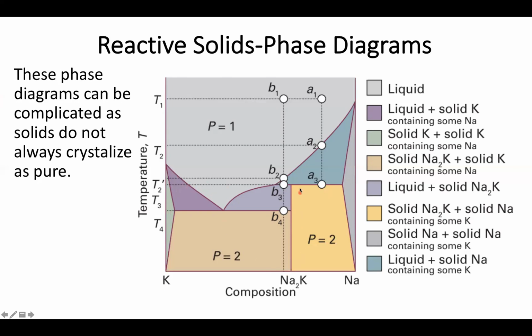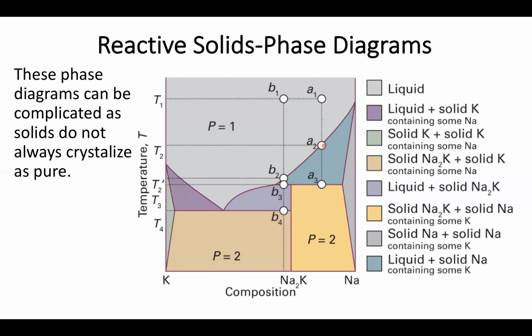In addition, we also find the presence of a sodium potassium complex. But one of the interesting things about this sodium potassium complex is that it turns out that its melting point is significantly lower than that of sodium. And so what you end up with in this case is, let's say I have a composition of pure A, well, of A, as I cool it down, I'm going to start by generating until I reach temperature 2.